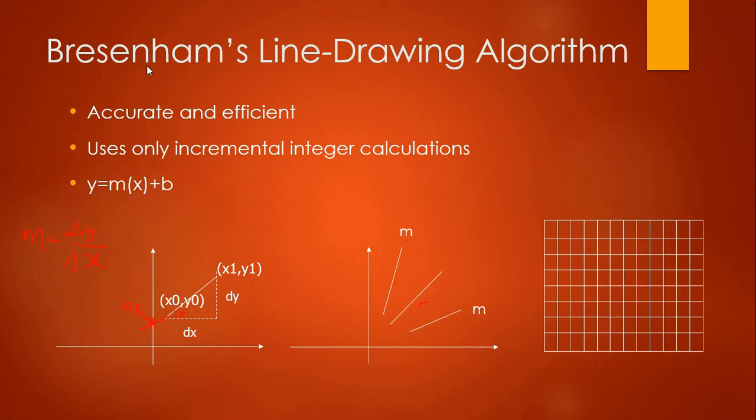So tan theta is equal to delta y divided by delta x, opposite side divided by adjacent side.